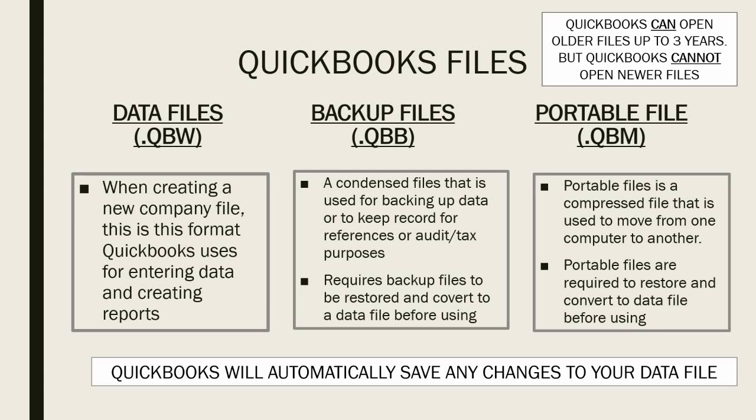So, the overall ending at this point is you want to get to a working data file, okay? QBW for short. Working data file allows you to create your company file, and this is the part where you're adding information into the working data file. You're constantly updating it. Every time you receive a bill, you enter in a bill. Every time you sold something, so on and so forth, right? You're constantly updating the working data file.